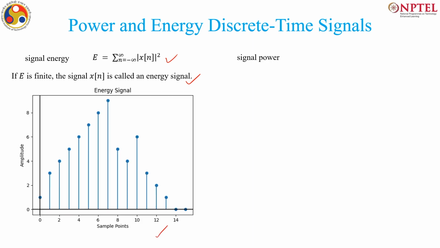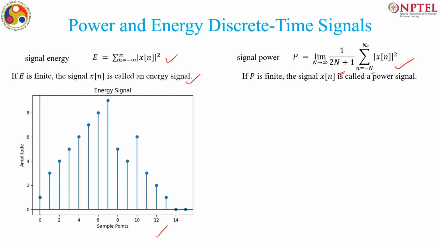Similarly, for periodic signals of infinite duration, we do not define the energy because that will be infinite. So, we define something called the power. The power is defined by this relation, where this is the energy term, but here we are computing over a value n, and then using this limit.